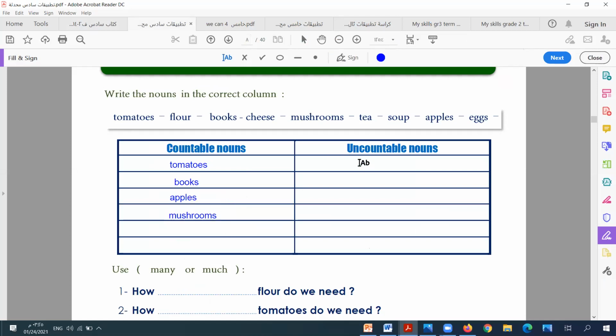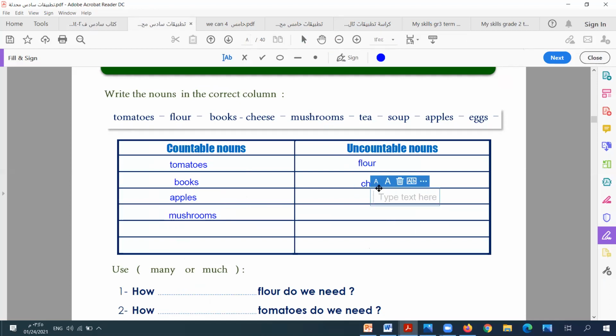Okay, here I'm gonna write flour, because flour is an uncountable noun. And here I'm gonna write cheese, because cheese is an uncountable noun.